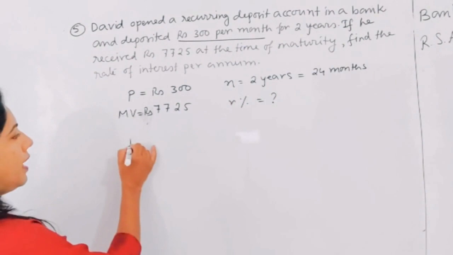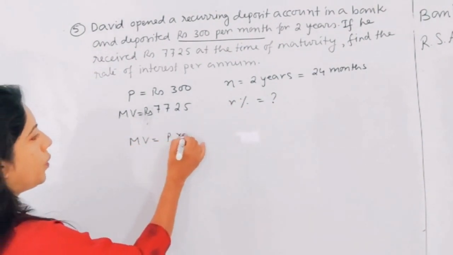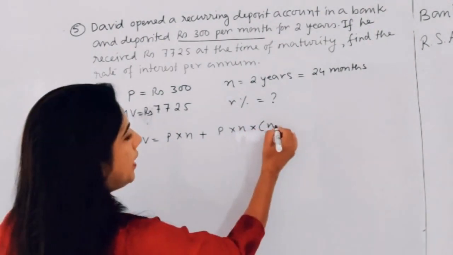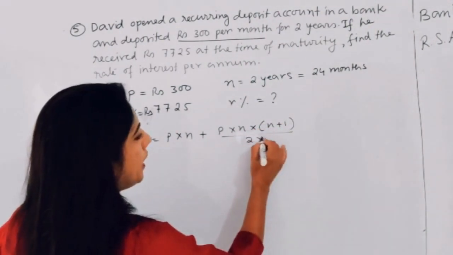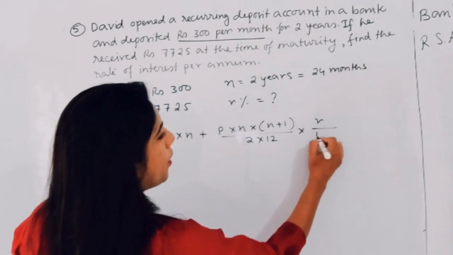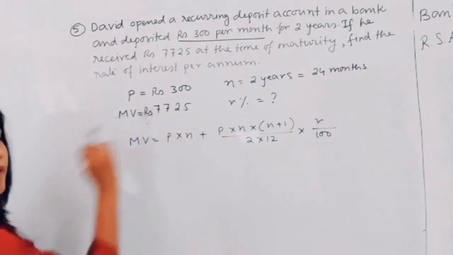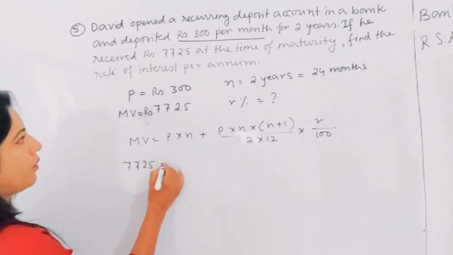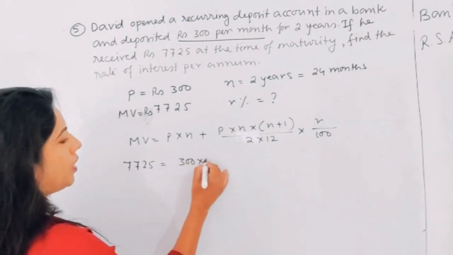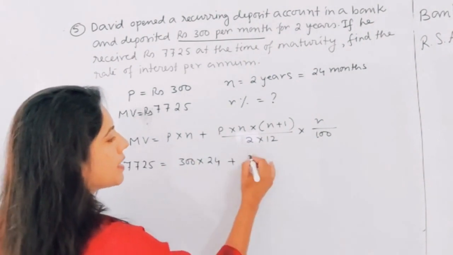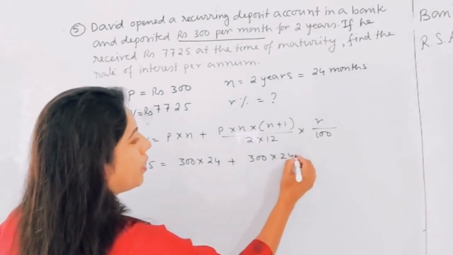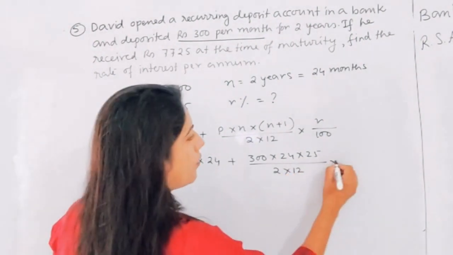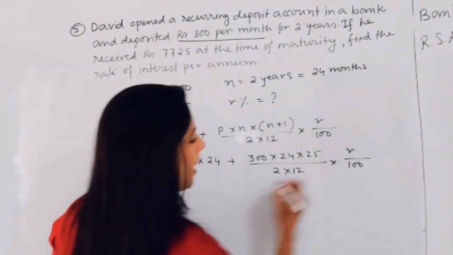Write down the formula. MV is equal to P into N plus P into N into N plus 1, upon 2 into 12, into R upon 100. Maturity value is given, 7725. Put it here. 7725 is equal to 300 into 24 plus 300 into 24 into 25 divided by 2 into 12 into R, we do not know, upon 100.